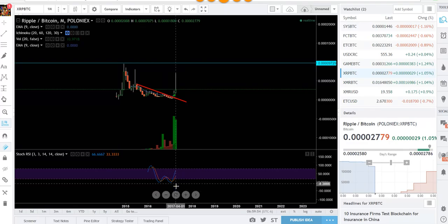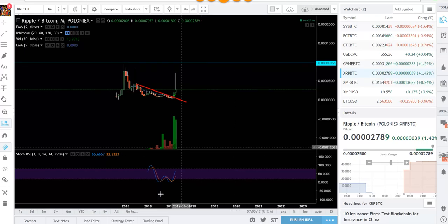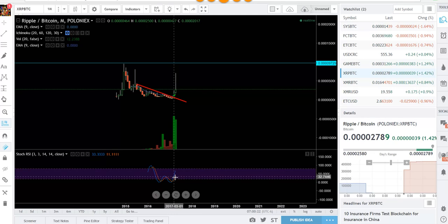But mind you, as this monthly stochastic RSI is continuing to grow, the smaller time frames are going to oscillate. So this is your bigger picture, and you're saying, okay, this thing looks like it could be making a new market cycle. It has a lot of higher time frame monthly strength to push us to higher levels. So you keep that in your mind, that there's a lot of strength that could come out of this as we grow for the next couple months.